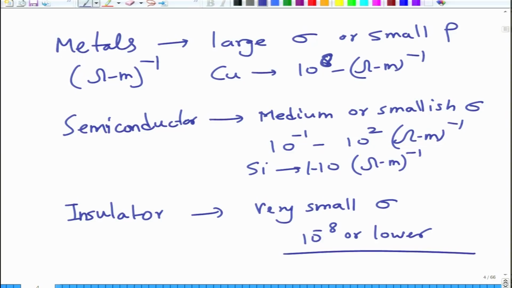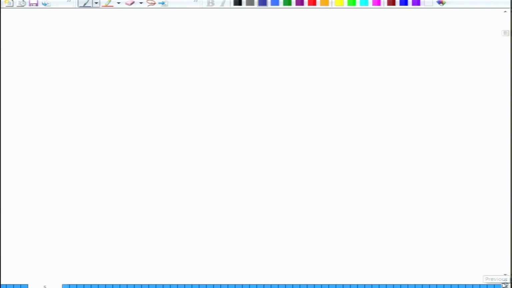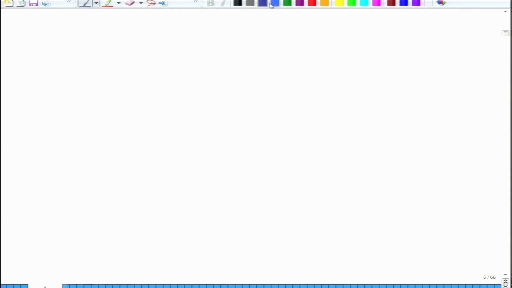Now we will come back to this later on, but first we would like to see what tells you the difference between a metal, semiconductor and insulator, and this is basically on the basis of the energy band diagram.